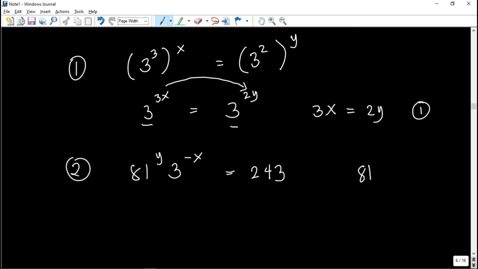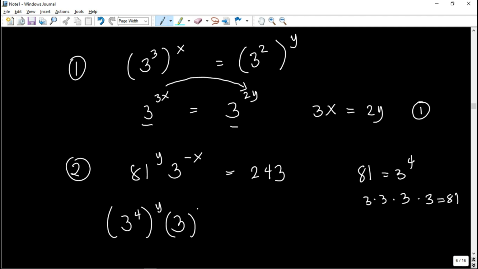So, 81 is equal to 3 raised to 4. Okay, 3 times 3, 9 times 3, 27 times 3, 81. Okay, so we have here 3 raised to 4. Yung 81, that is raised to y. We have here times 3 raised to negative x is equal to 243.